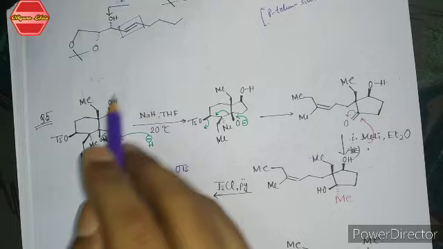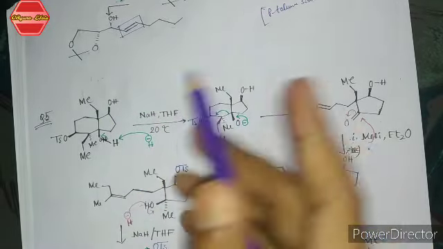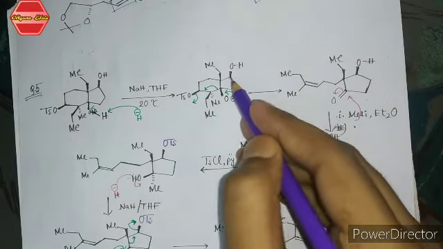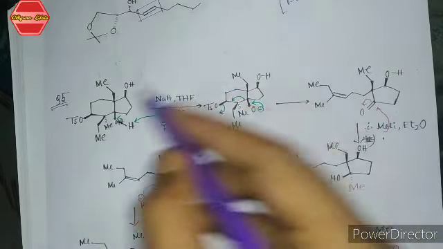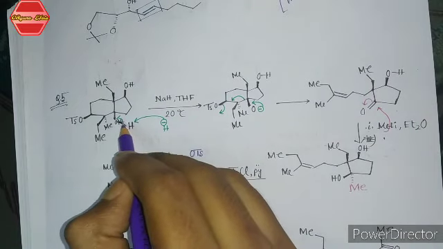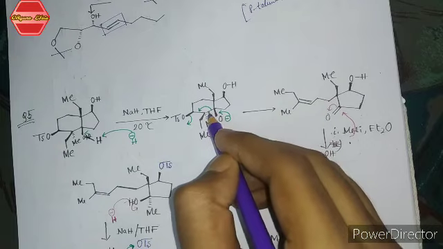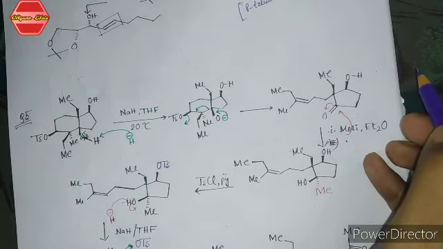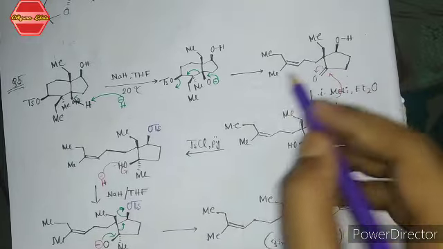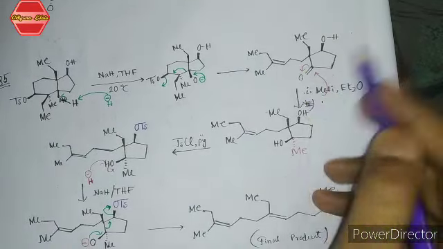There is no other possibility of fragmentation here. The negative charge of the oxygen goes back here, these bonds go here, and the OTs group leaves the system. Now there is a formation of this compound, which you can easily write like that.